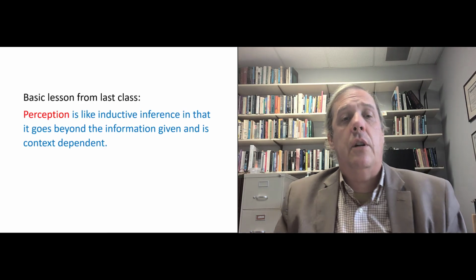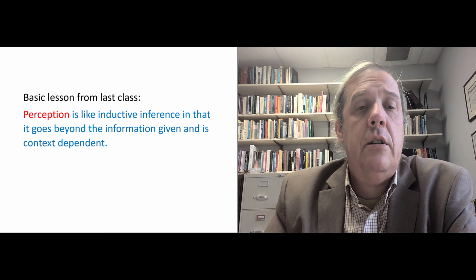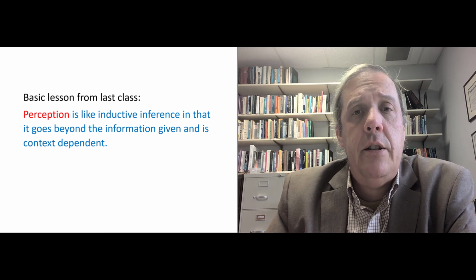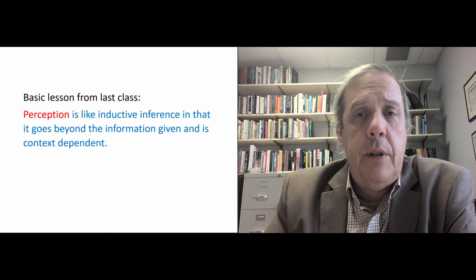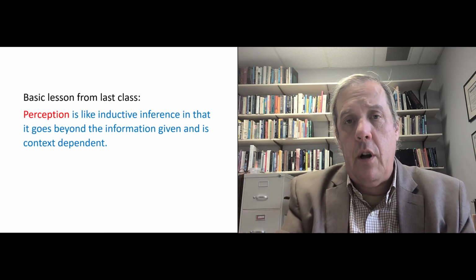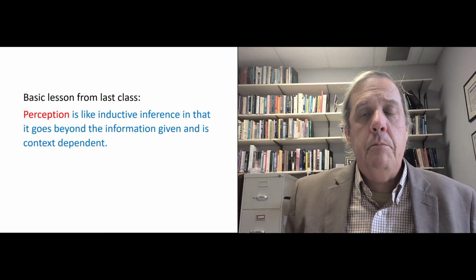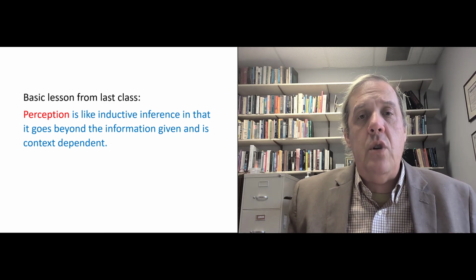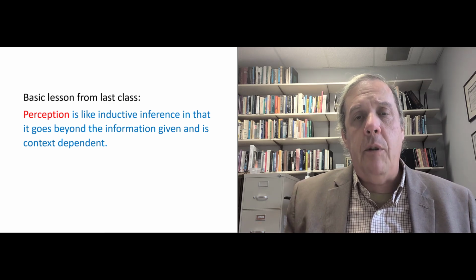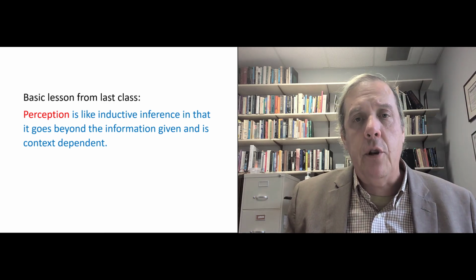So the central lesson of the last class was just that perception is like inductive inference in that it goes beyond the information given and is context dependent. So we think of perception as simply delivering us the unvarnished truth. Here's reality. You just saw it with your own eyes. But that's not the way perception works. In fact, perception involves a lot of reconstruction of what you think should be out there from an imperfect two-dimensional upside-down image on the back of your retina.